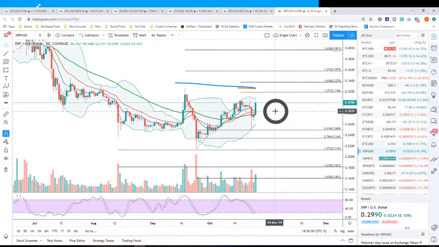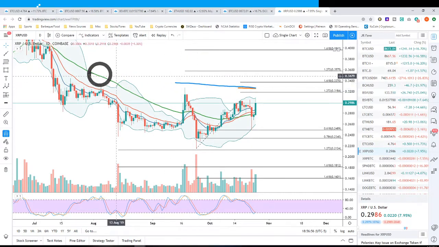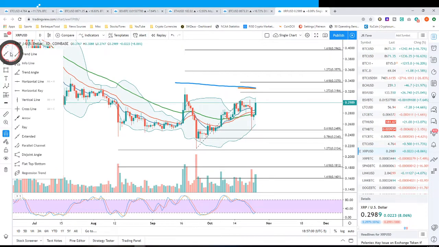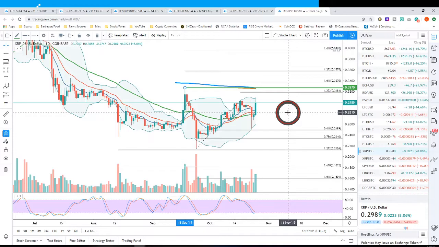And if things get really bullish and it wants to break this area right here, which coincidentally lines up with, and I'll put a ray on it and just show everybody, right there.